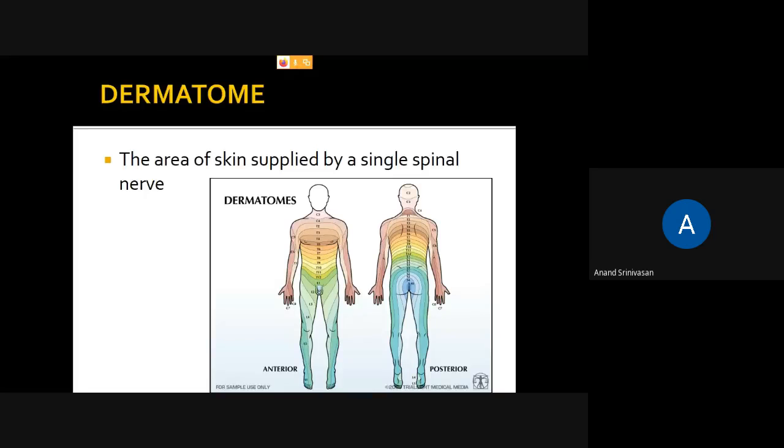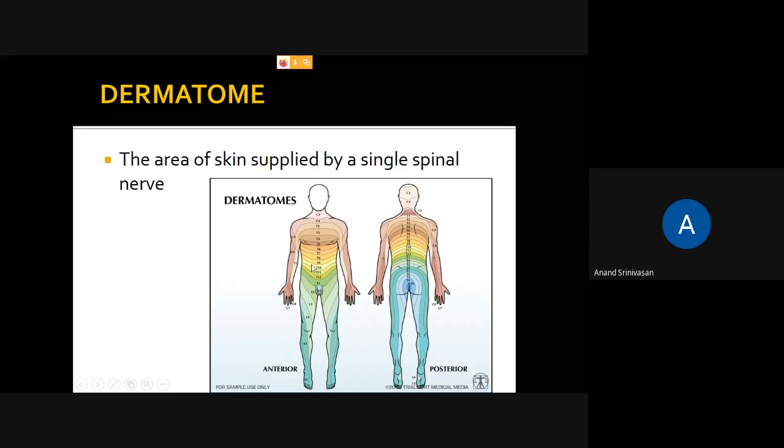If you want to know at exactly which level the spinal cord is affected, you can test it by testing the sensation over the dermatomes. Say, for example, the person has sensation on the upper part, down to T10, and below T10 it doesn't have any sensation.